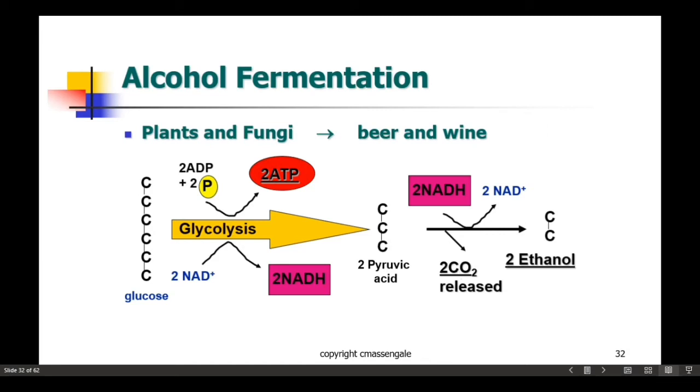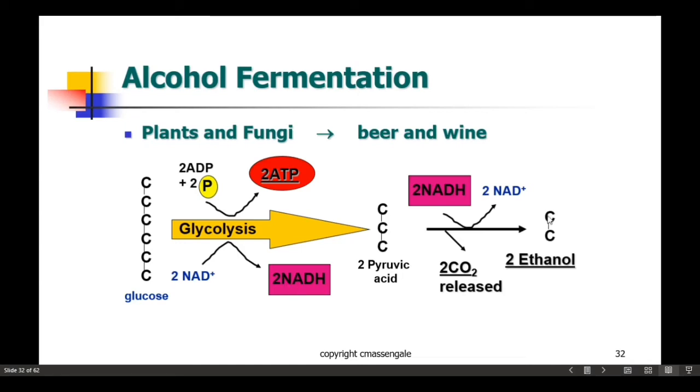Also, aside from the decarboxylation, the molecules are going to be reduced by the electrons coming from NADH. Since we have two molecules in the process, we also need two molecules of NADH. Once these two NADH are oxidized into NAD, they go back into glycolysis, ready again to be reduced into NADH.